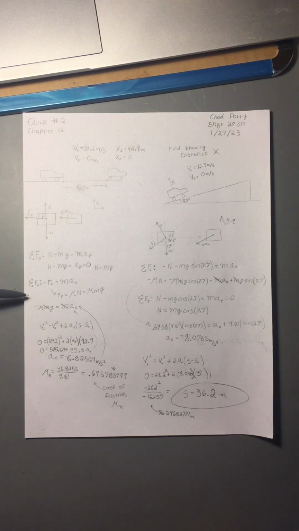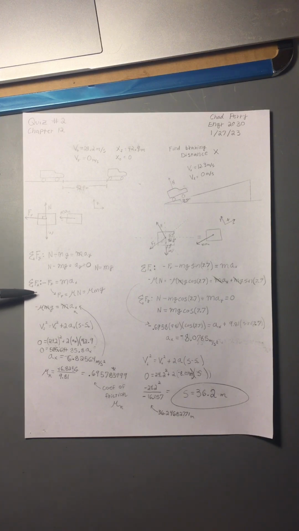And then in the x direction, we have the force of friction, and that has to equal the mass times the acceleration in the x direction. And we know that the force of friction is mu times our normal force. And so looking at this, we know that our normal force is mg from our first equation here. So we can replace that with our normal force.